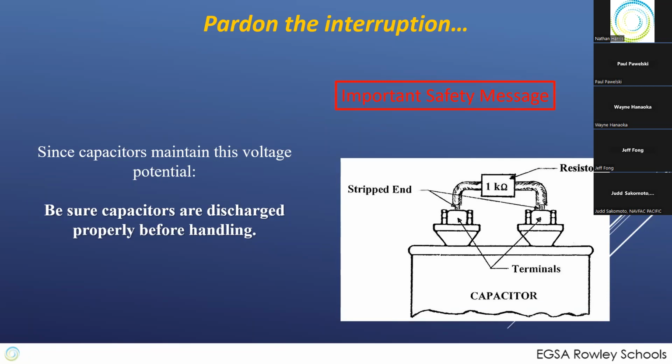Now, why are we using this instead of just a screwdriver? Well, the thing is, a screwdriver across there has almost no resistance, which means the current flow is going to be very, very high, which means it's going to get very hot, and it's also going to try to arc. So it is downright dangerous to short out capacitors with a screwdriver.